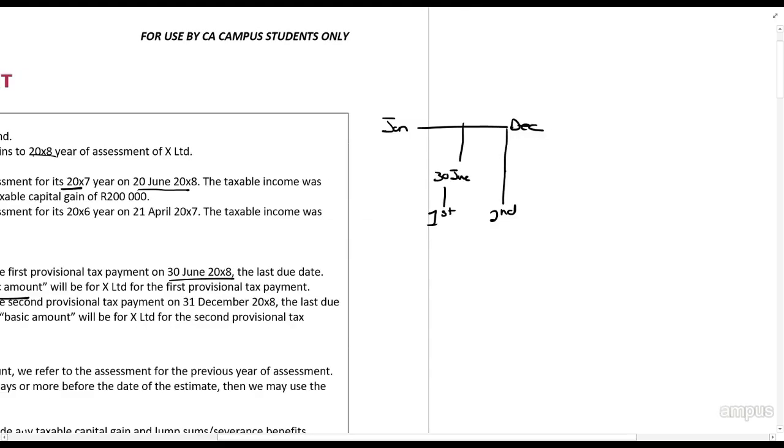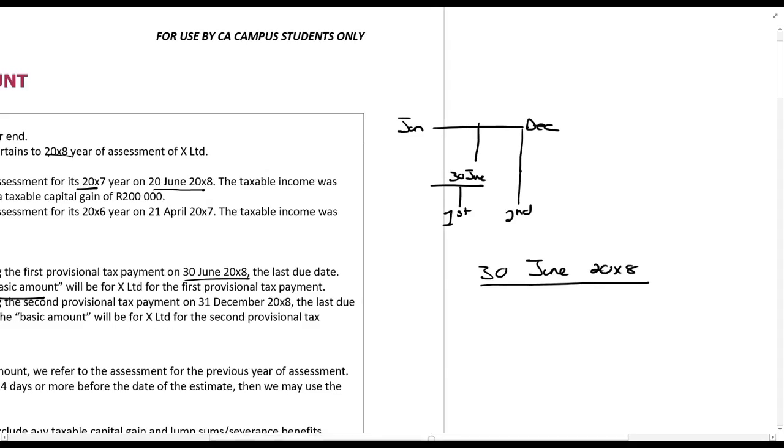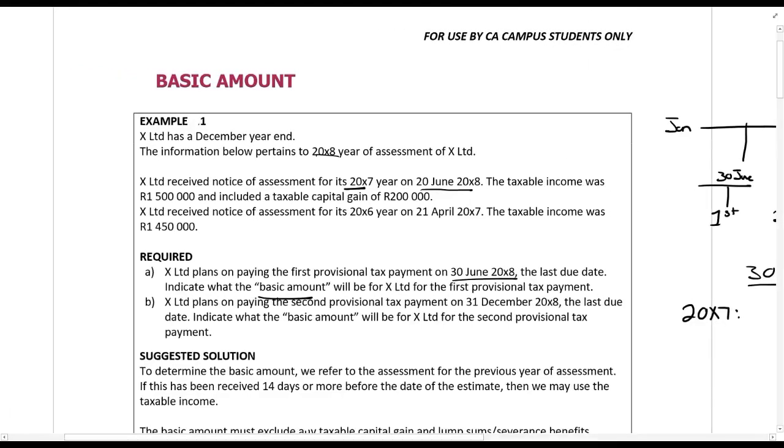Right, so on the 30th of June 20X8, we want to now do this calculation. Okay, so see now the logic behind this. We are doing it for the 20X8 year. So you first start with the 20X7 year. When did we receive the assessment from SARS? The 20th of June.